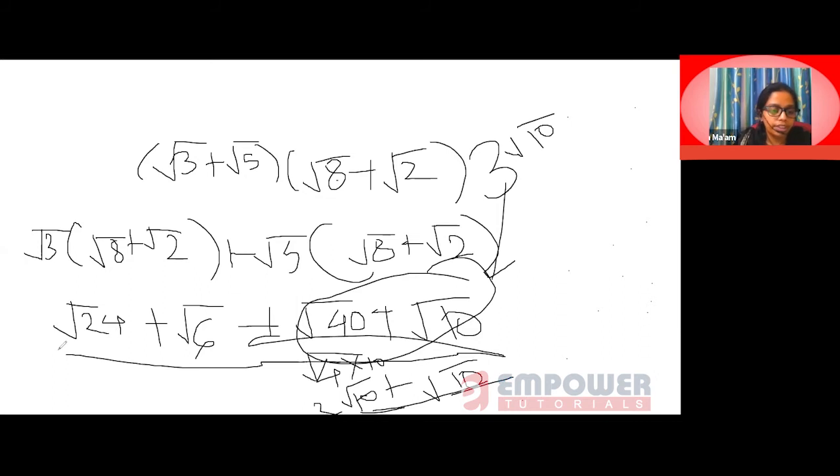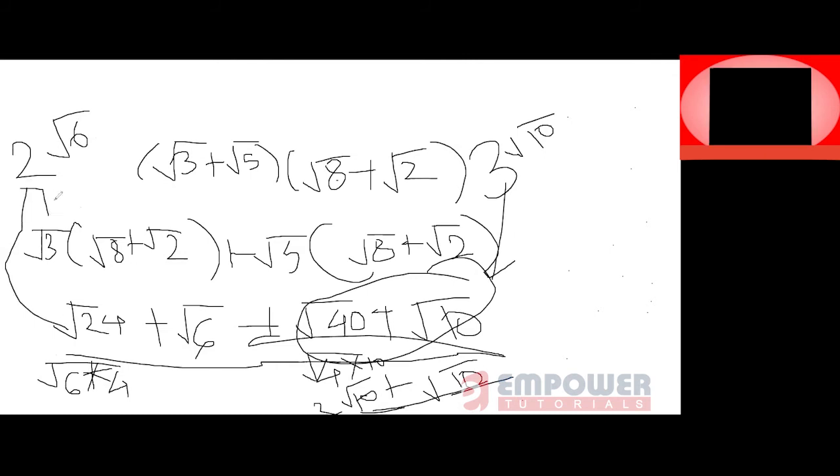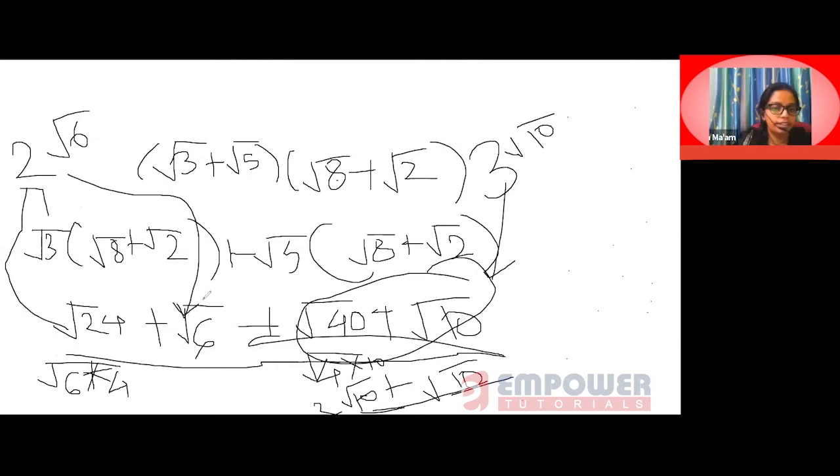Now look for this one. Can I write it in this form, 6 into 4? Sorry, 6 into 4, and then it will be 2 root 6. Now can I add this and this? 3 root 6.